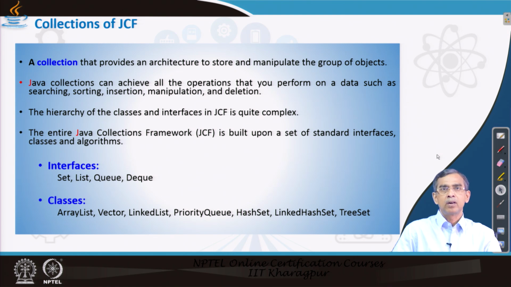In fact, whatever interfaces are there, they need to be implemented. Implemented means all the methods that are declared there are to be defined. In the Java collection framework, classes implement the interfaces that are there. All these classes are planned to cater to the need of a particular data structure.